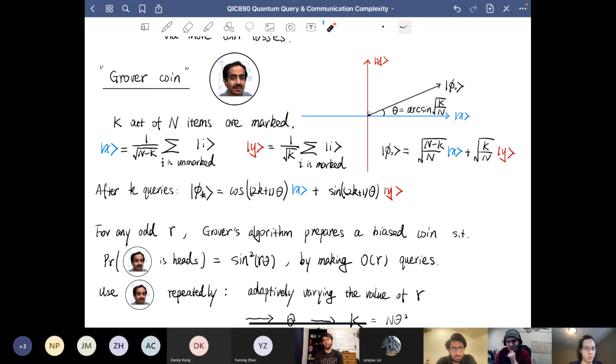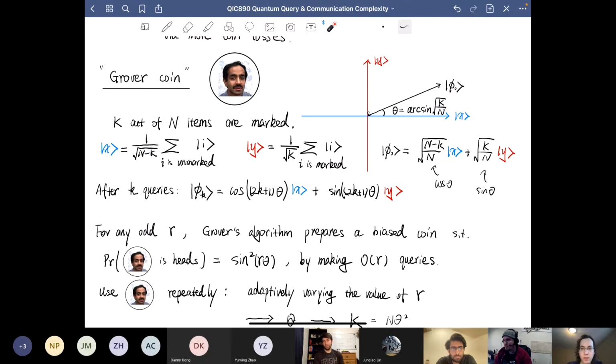We can view this initial state as a vector in a two-dimensional space spanned by x and y. Well, x is simply the superposition over all unmarked indices, and y is the superposition over all marked indices. And your psi 0 is basically cosine theta x plus sine theta y. Here, theta is just the square root of k over n.